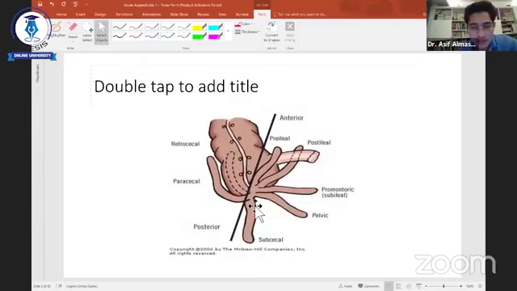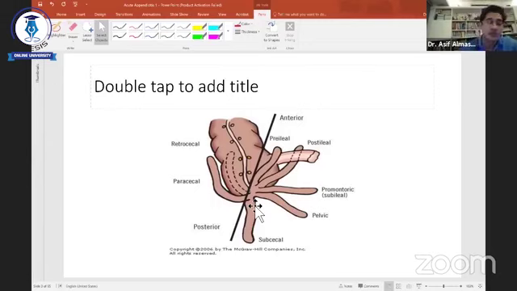What are the common positions of the appendix? This is very, very important because, according to the position, the signs and symptoms of the disease change. Also, as a surgeon, you'll know that sometimes the appendicectomy is quite simple because you easily find it, and sometimes it's quite difficult.